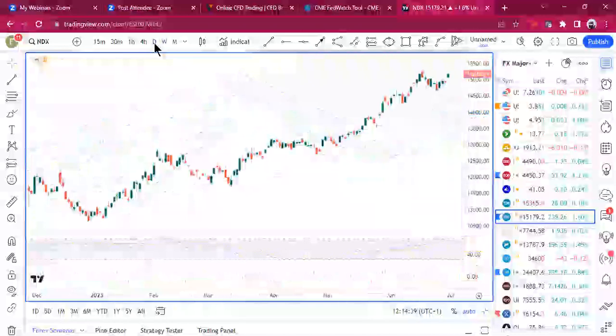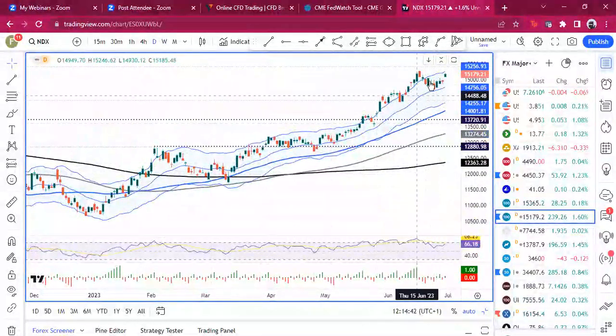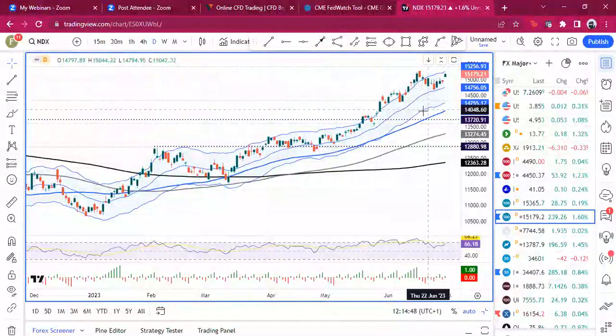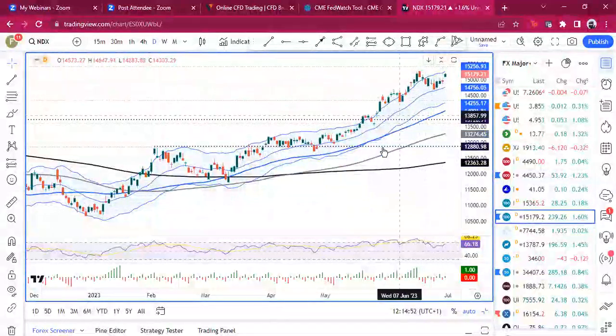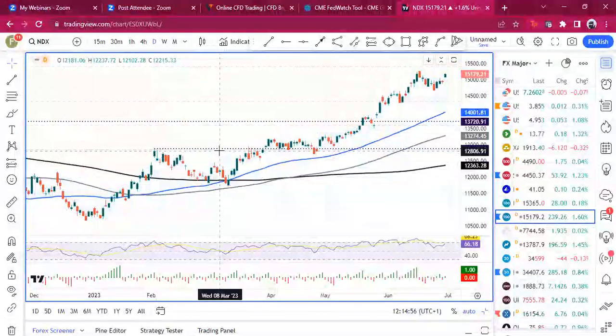If we go to the daily, you can see that nice healthy pullback, pulling us back towards the middle band in the Keltner channel, back below 70 in the daily RSI, and then we moved higher again.